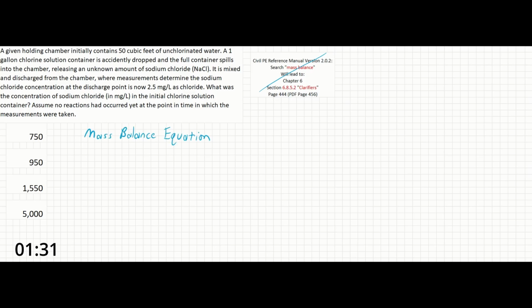So in a mass balance, we have the first volume times the first concentration plus the second volume times the second concentration equals the third volume times the third concentration, where V3 could be considered V1 plus V2.